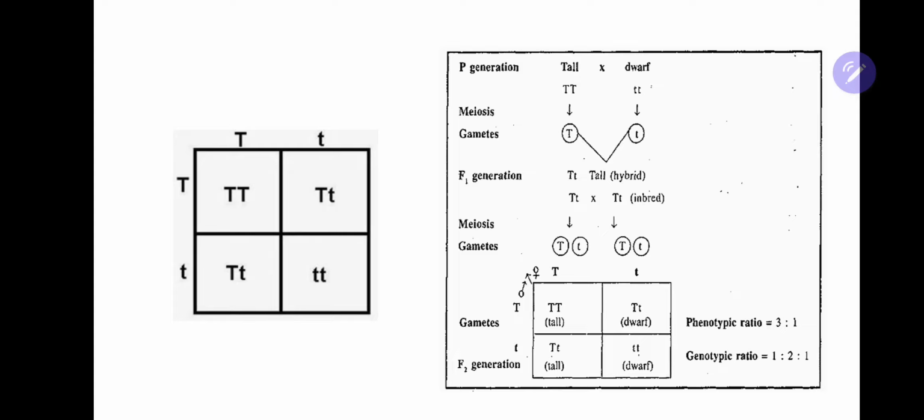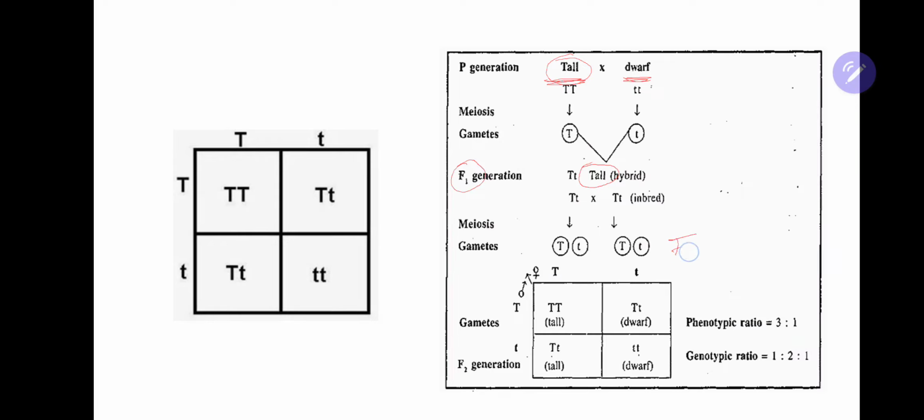We can see it clearly from the picture. So this is the F1 generation. In the F1 generation, only one character of the parent was shown or expressed. There were two characters in the beginning, but in the F1 generation, only the tall character was expressed. But what happened in the second generation?